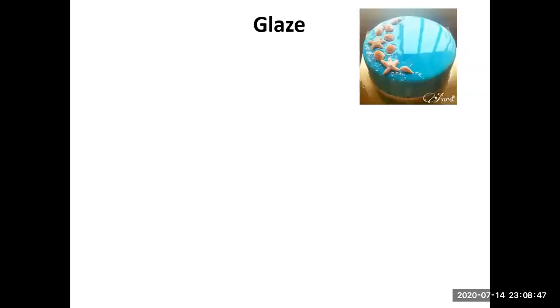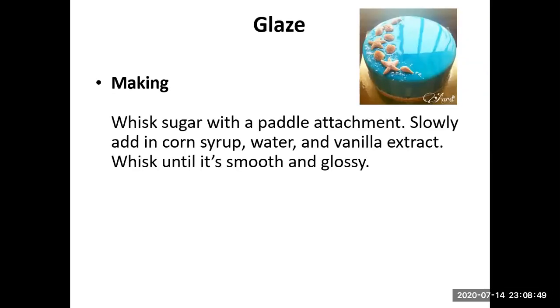And it then is called the glaze. In case of that, you can check that there is a glazy thing, the shiny material. That means you have to add something shiny here, then this glaze will come. And how can we prepare that? With sugar with a paddle attachment, slowly add in corn syrup, water and vanilla extract, and whisk until it's smooth and glossy.